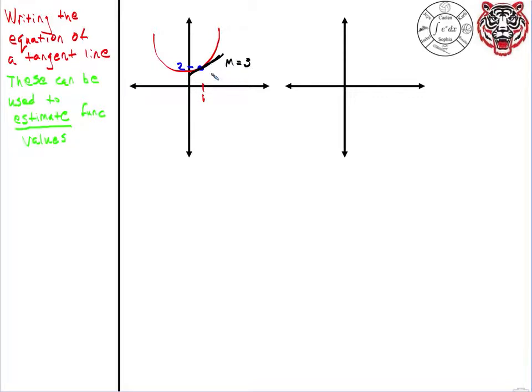I can estimate really close values to this function. By that I mean, if I want to find what the height is at 1.1, really close, it's only 0.1 away, I know that 1.1 is actually right here on the parabola.